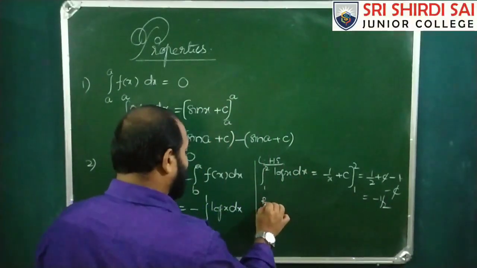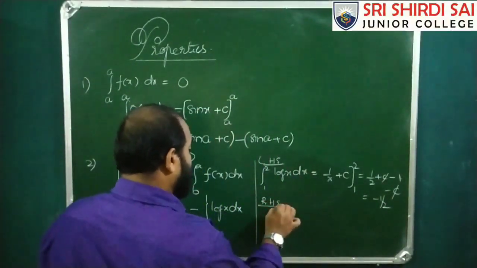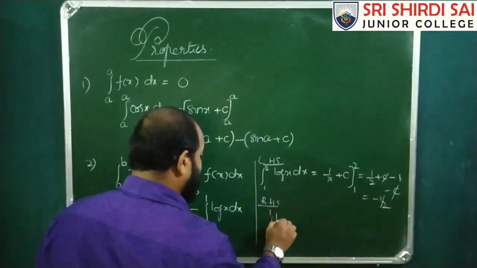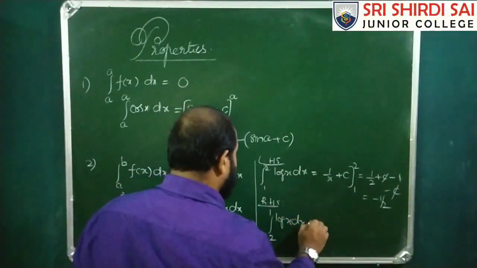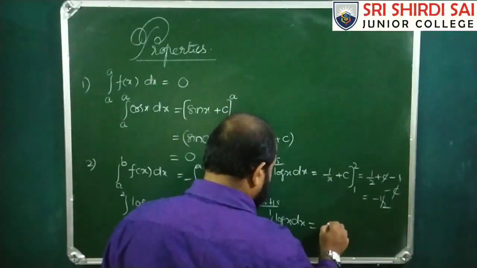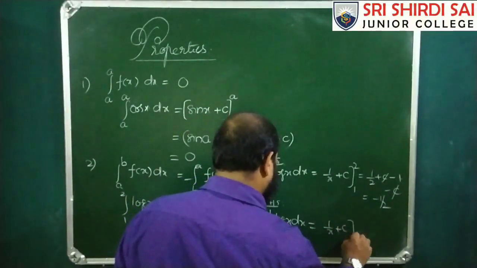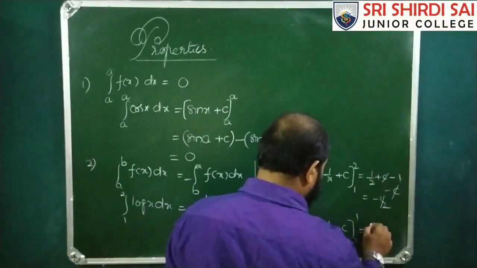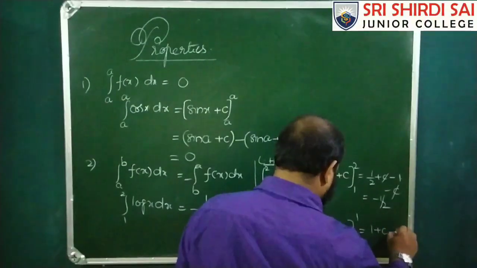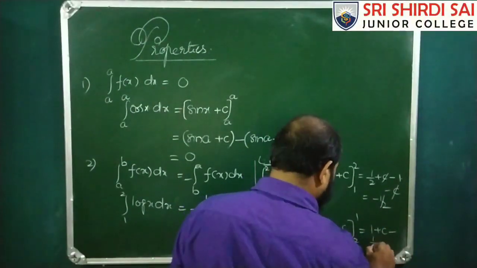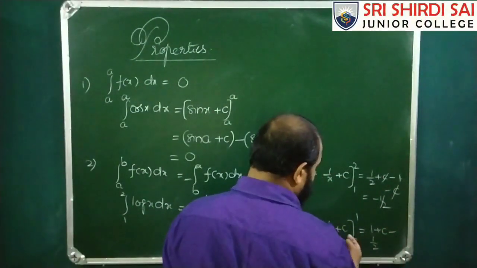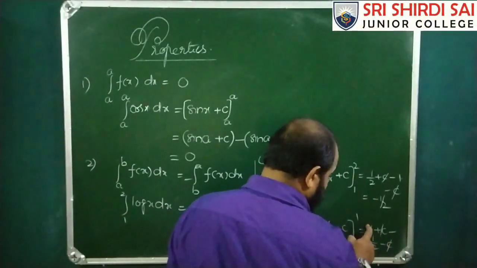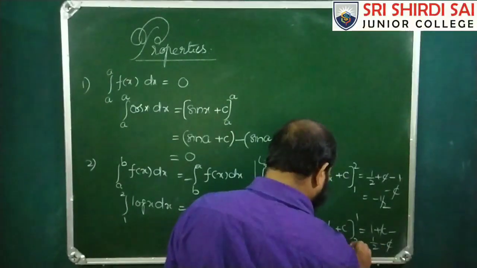Now if you consider the RHS, integral 2 to 1 of log x dx, this is 1 by x plus c. This time it is from 2 to 1. Now it is 1 by 1 plus c, minus 1 by 2 plus c, or minus 1 by 2 minus c. c gets cancelled. 1 minus half is plus half.